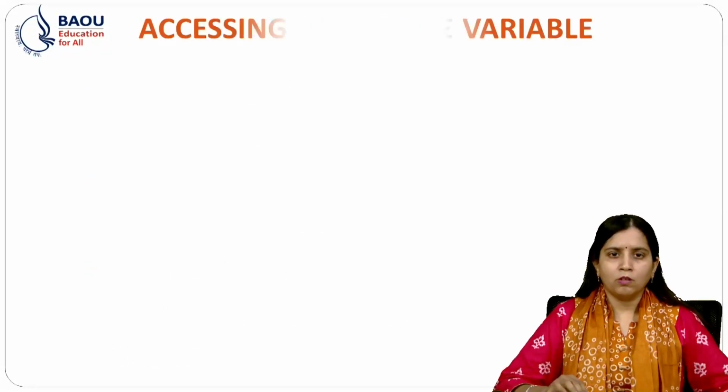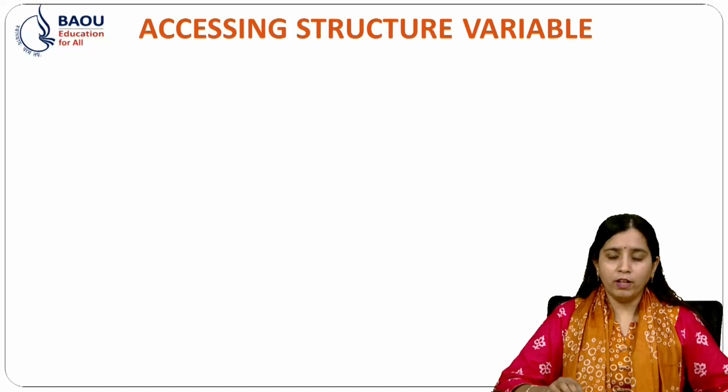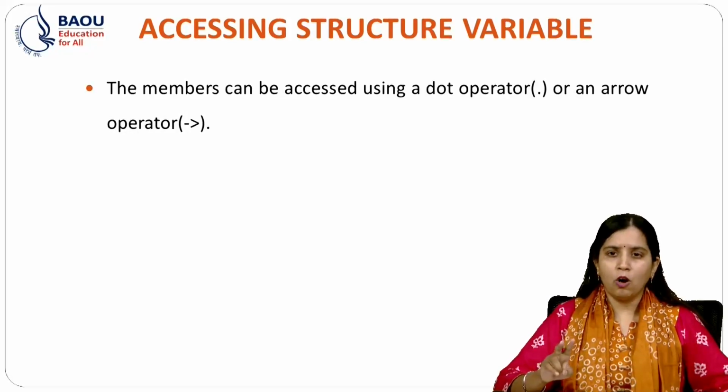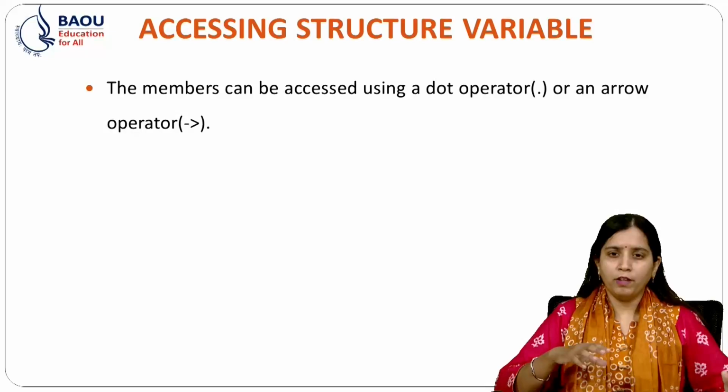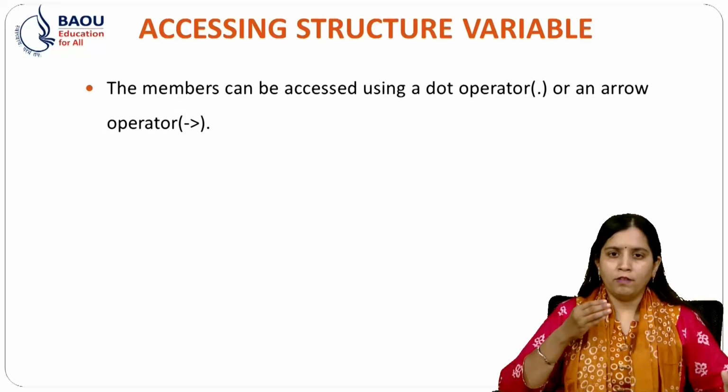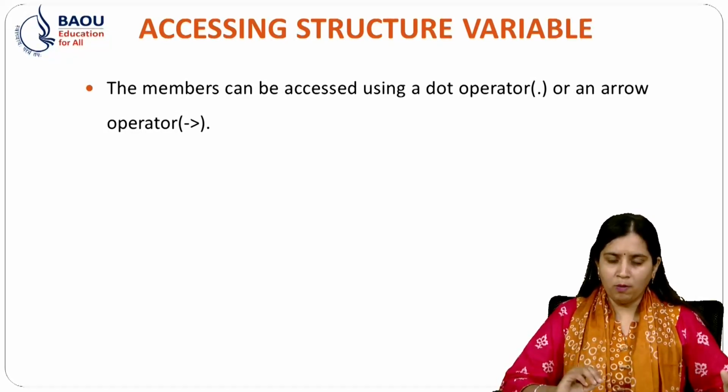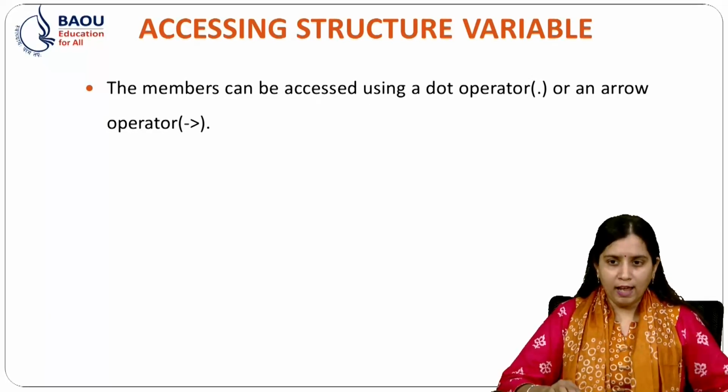So, let's see how we access our structure variables. We have two operators. First is the dot operator and second is the arrow operator. For the members we want to access, we will use the dot operator or the arrow operator.